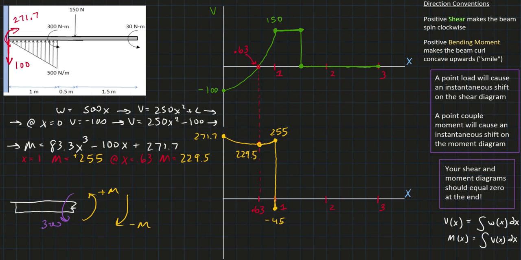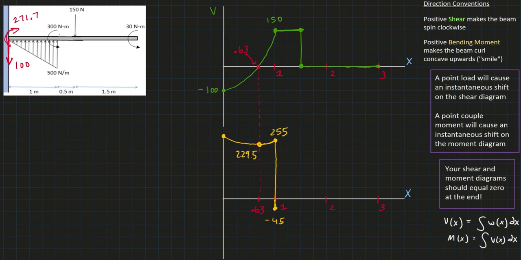Alright. So looking forward, no more instantaneous couple moments until the end. So I can just figure out the area under this V. And that will be my change in m. So the area of that rectangle is going to be the base, which is a half.